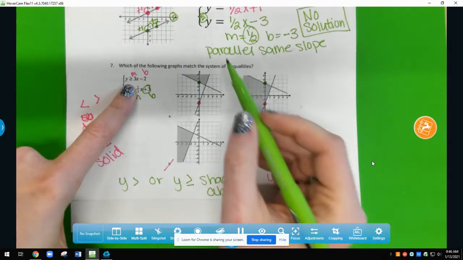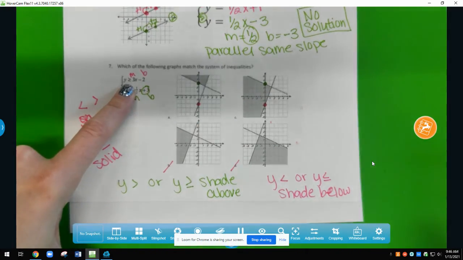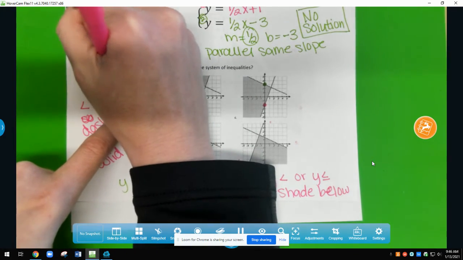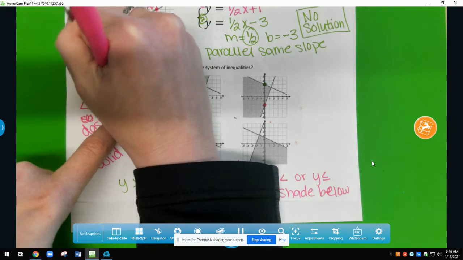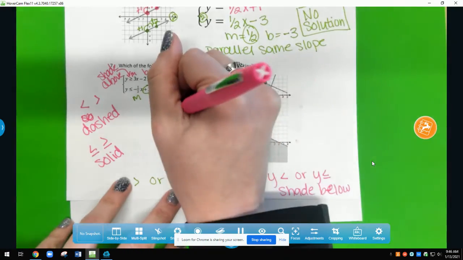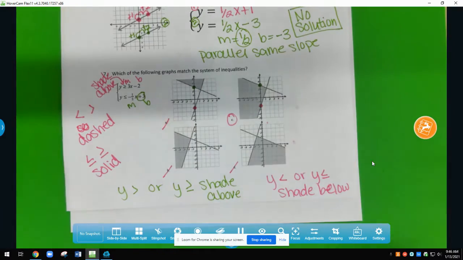Okay, so for the line that's at -2, this is going to be shaded above. So I need to find the one at -2. It's not shaded above, so A is out, C is good.